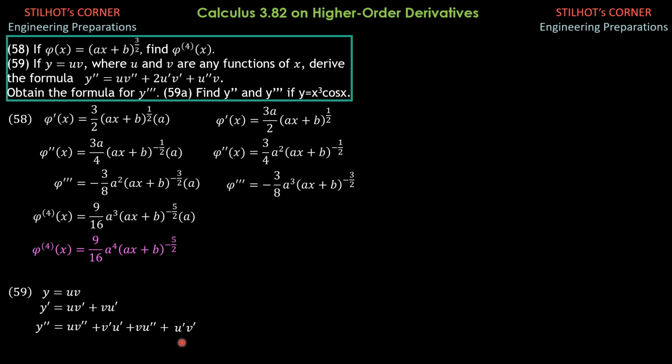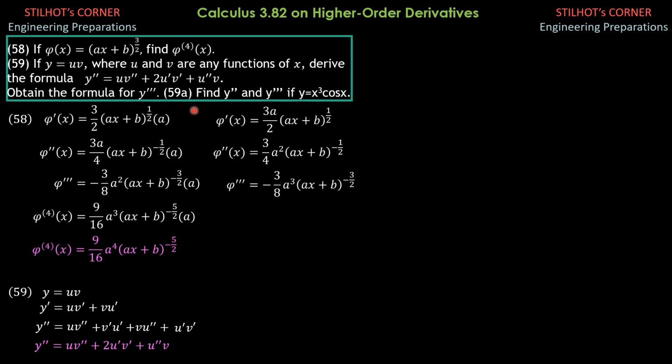So we have like terms here, the second and the fourth term combining. So y double prime is u v double prime plus 2u prime v prime plus u double prime v.